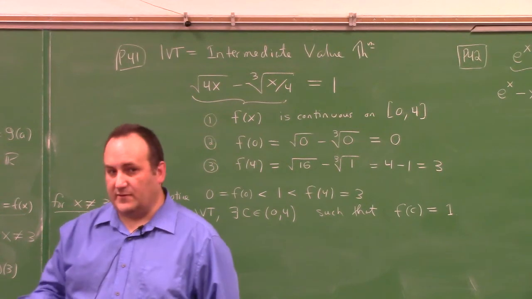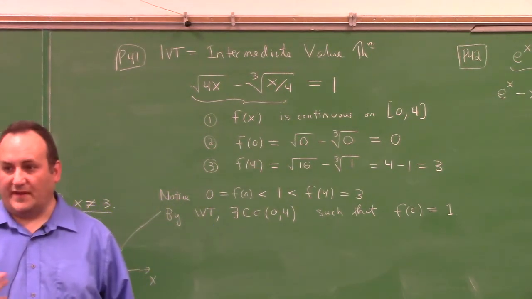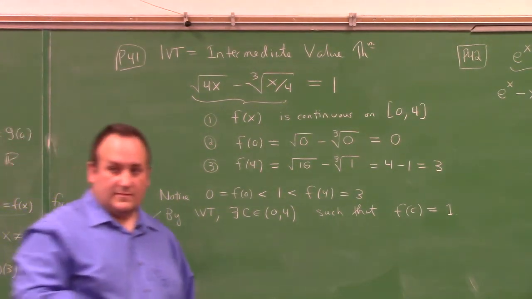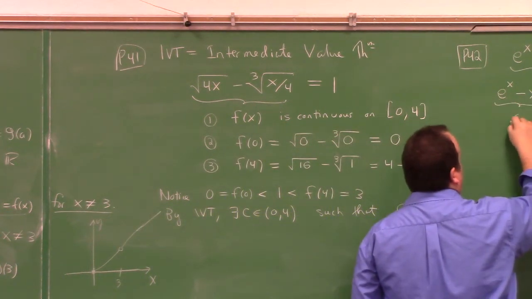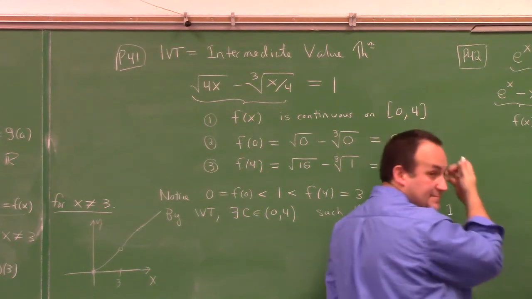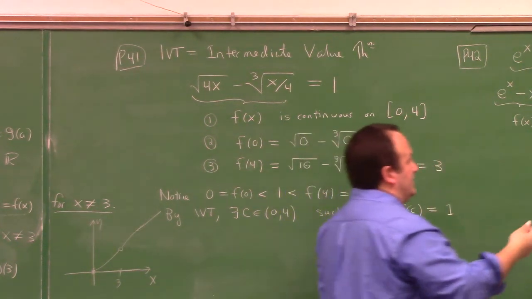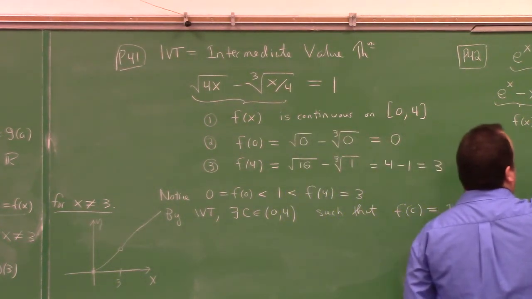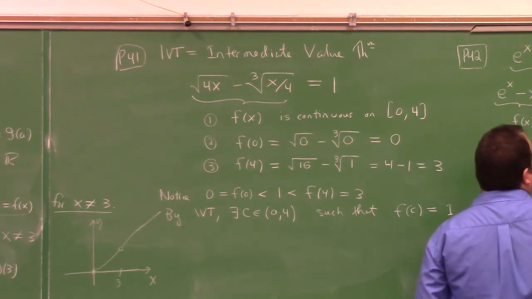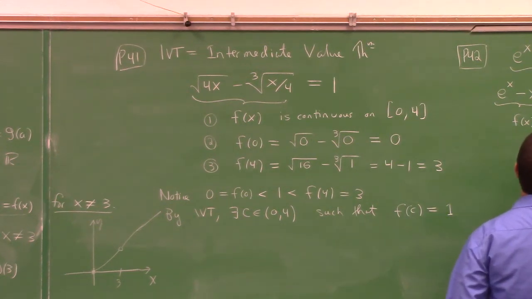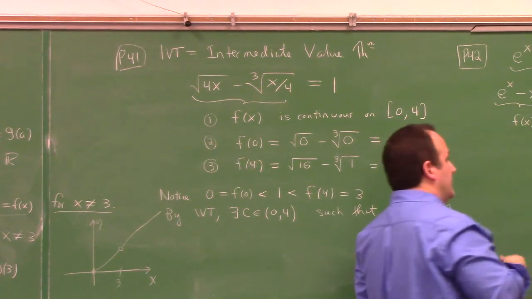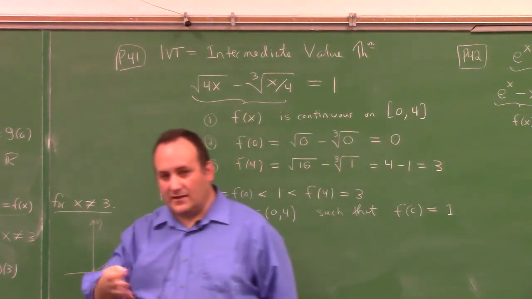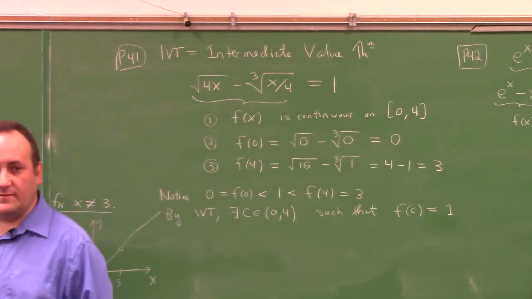The advantage is I can think of it as f of x, and that's continuous on the reals. So in particular, it's continuous on any closed subset of the reals that you want to pick.